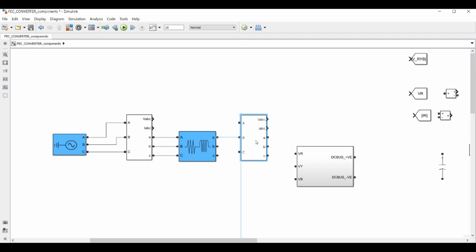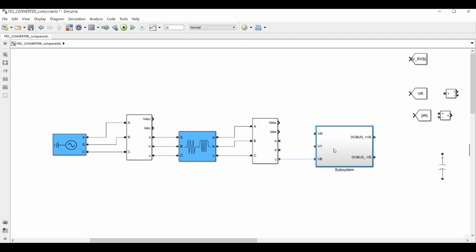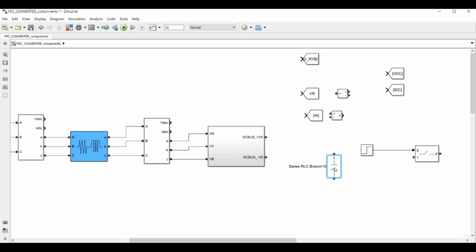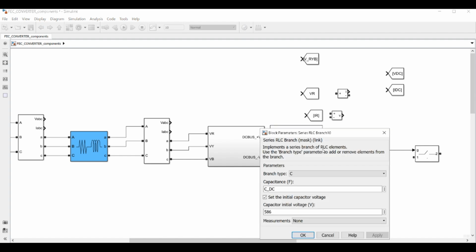After that, again we will place the measurement block, 1, 2, 3, and after that we will place the VSI. This will go to here, B, and this is C. And after that, on the DC side, we will be placing a series RL branch, and here we will place a capacitor.